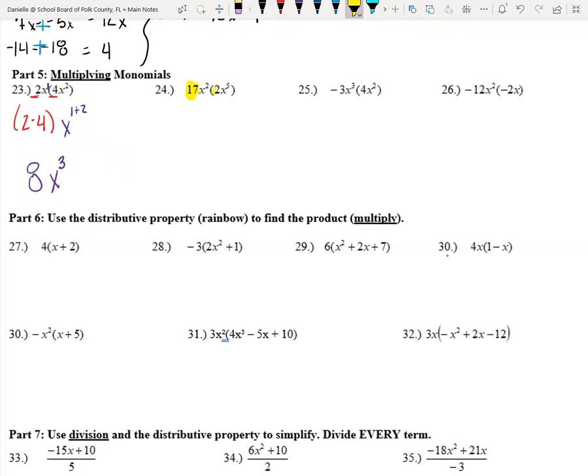Again, we multiply our coefficients, and we add our exponents. So we would have 19 times 2 and x to the 2 plus 5. 17 times 2 is 34. 2 plus 5 gives me x to the 7th.